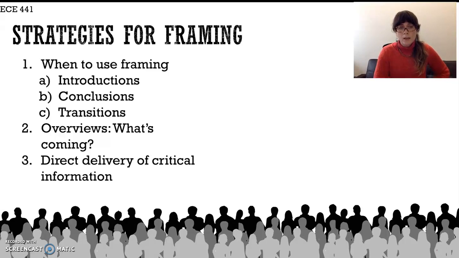So in terms of when you're using framing in your document, you might use framing as a way to make sure that the key points stand out, right? Because again, a lot of information might be difficult to make heads or tails of. So you're going to want to boil things down with some critical information for your reader out in front.